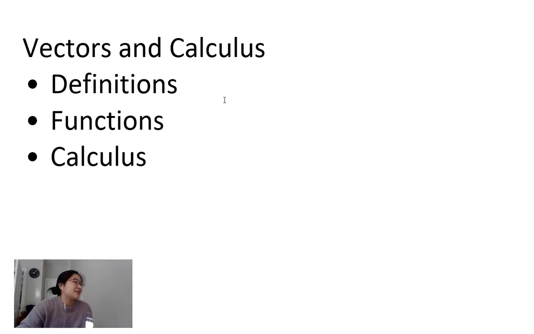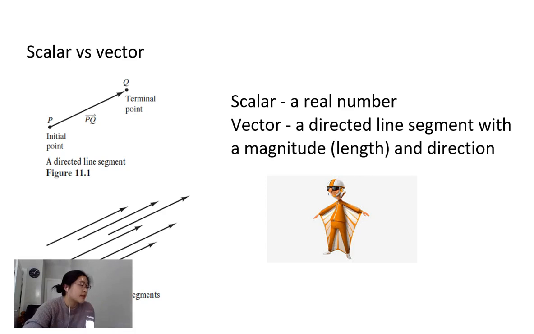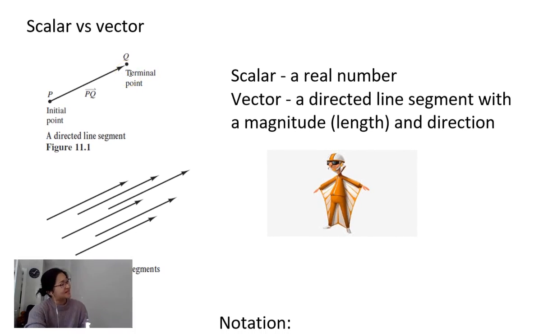So let's get started. We have scalars and then we have vectors. A scalar is a number, a real number for the purposes of our course, and it's just a number. There's no other information that you get along with it. A vector is a directed line segment with a magnitude or length and direction.